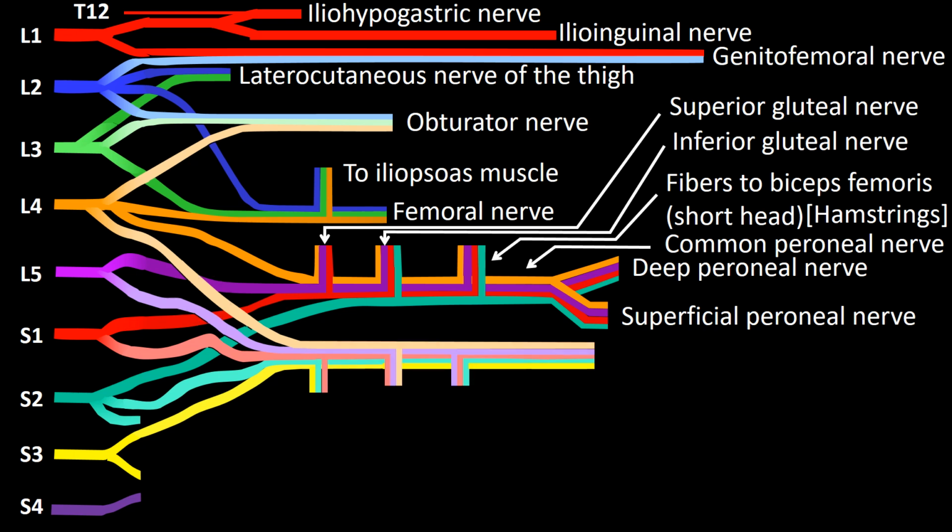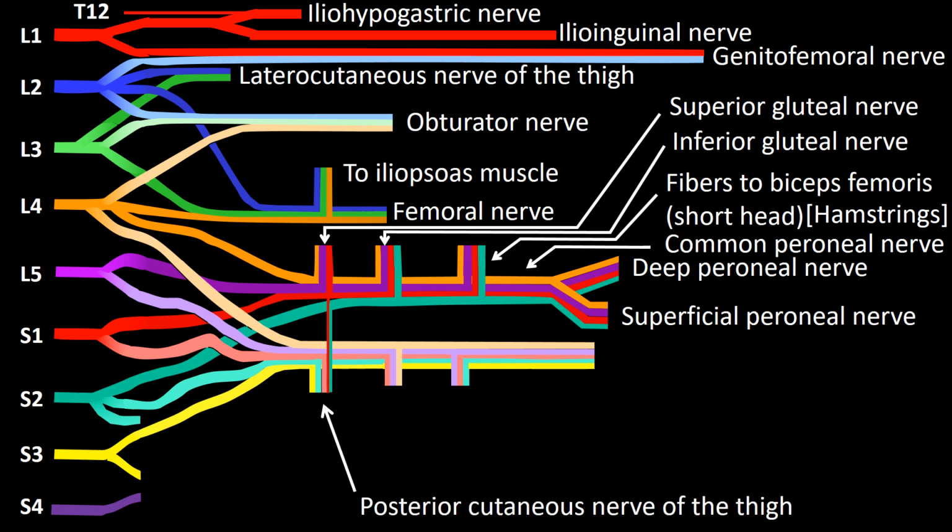The 5 anterior divisions just mentioned, once together, give off 3 intermediate branches and a terminal branch. The most proximal of the intermediate branches, after receiving fibers from the posterior division of S1 and S2, as illustrated in this frame, becomes the posterior cutaneous nerve.